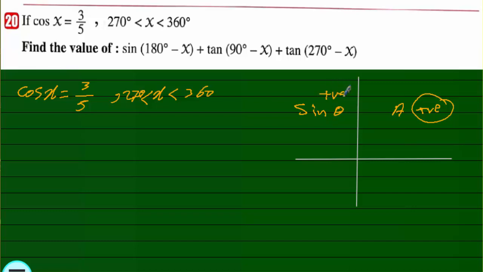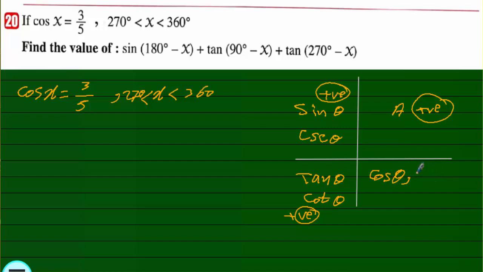Here, of course, sine and its reciprocal, cosec theta, and here is tan theta and cotan are positive. In the fourth quadrant, you have cosine and its reciprocal, sec, are positive.